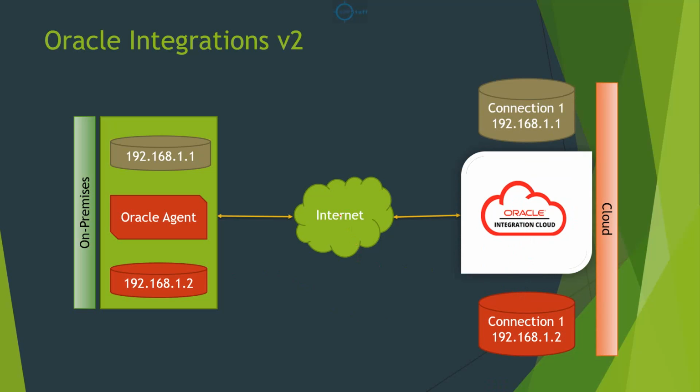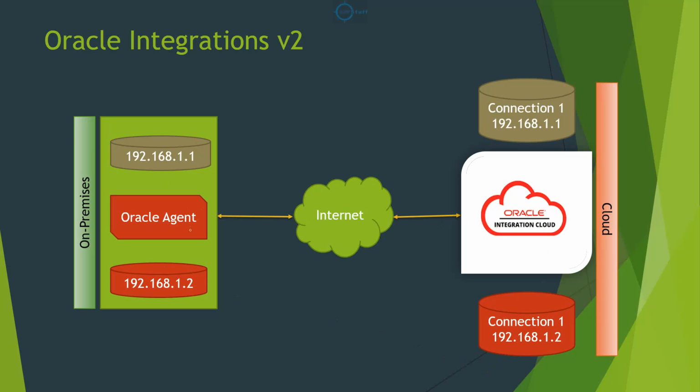So you need an agent, the Oracle agent, which is provided by OIC. You will be able to download it, configure it, and that's it. So for example, you have a database 1.1 and this is 1.2, or any Apex instance or something like that, right?